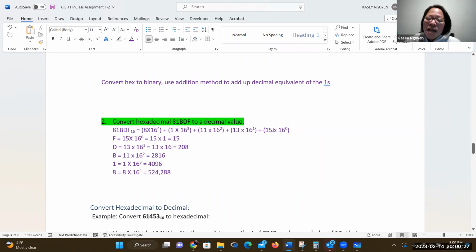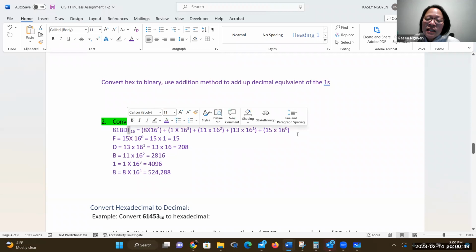So you would take that 15, because 15 is the decimal equivalent, and multiply it by 16 to the power of 0. Why 16? Because it's hexadecimal, a base 16 number system. So we take F and multiply it by 16 to the 0, because F is in the least significant position.